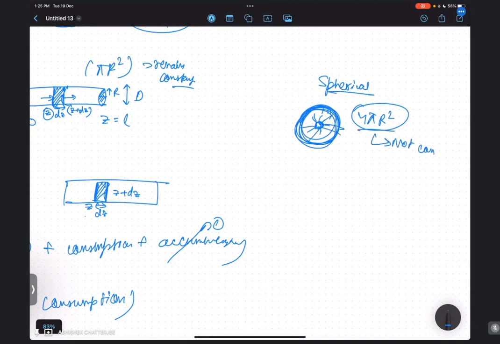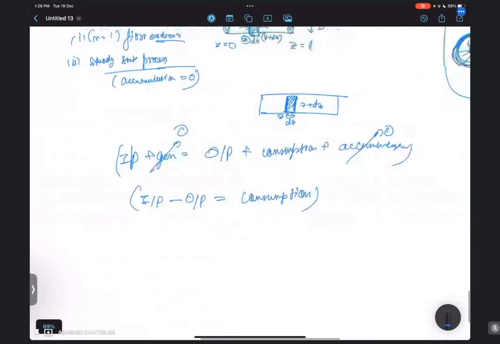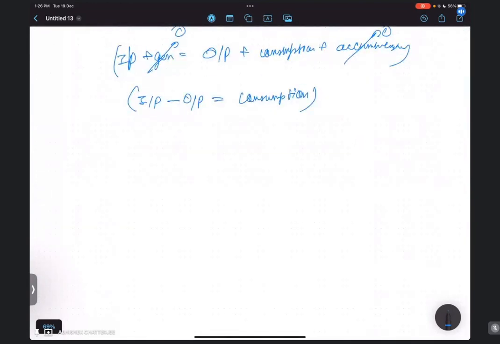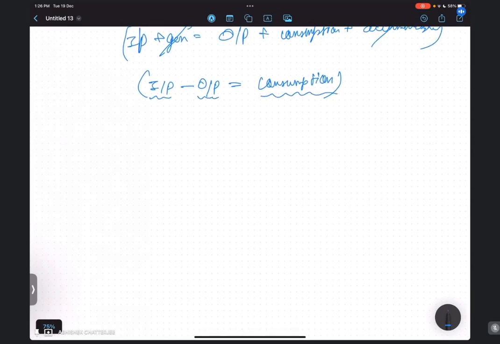As it moves away from this surface, this area will go on changing. So you have to apply your brain and derive it. We will discuss it later on, but still you have to derive it. For the cylindrical pore, we will derive it now. Just understand the same thing you have to apply. Chalo. So input minus output is equal to your consumption. What is your input?